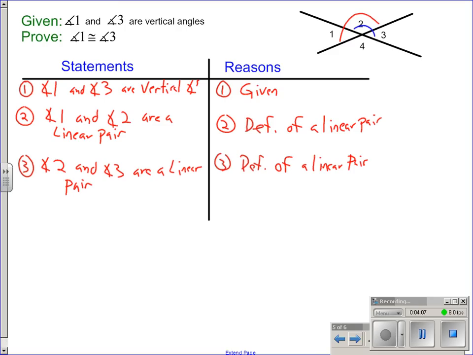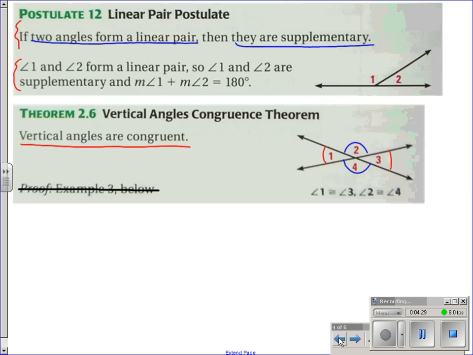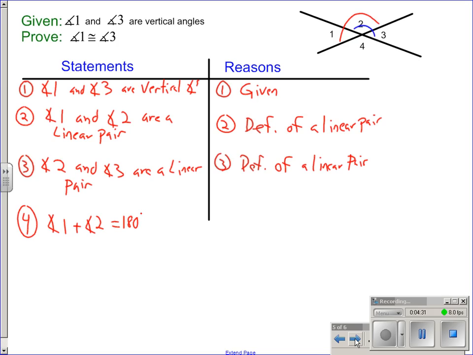Now, knowing that they are linear pairs, the theorem we just looked at in the last slide says if you have two angles that are a linear pair, they are supplementary. So angle 1 plus angle 2 equals 180 degrees, by the linear pair postulate: if two angles are a linear pair, then they are supplementary.